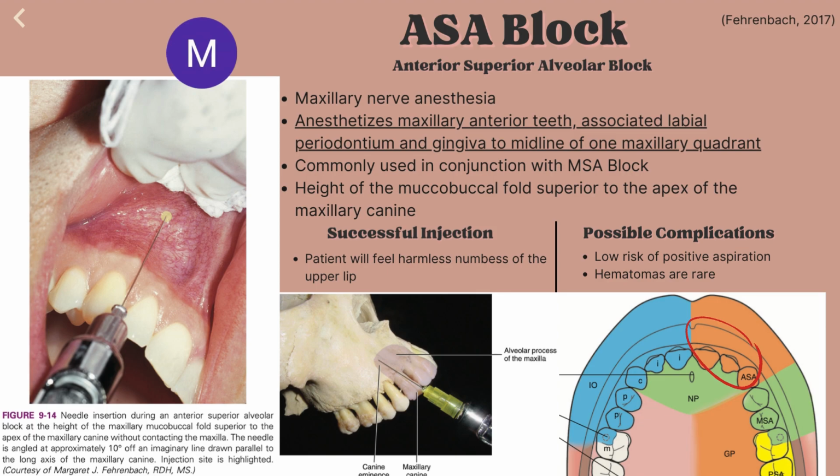The injection site is at the height of the mucobuccal fold superior to the apex of the maxillary canine. For a successful injection, the patient will feel harmless numbness of the upper lip, and some possible complications are low risks of positive aspiration and hematomas being rare.